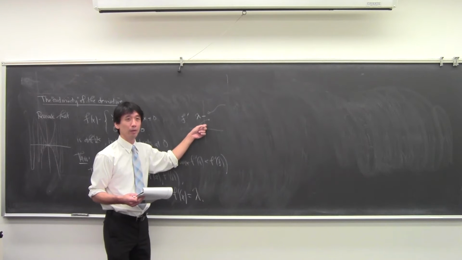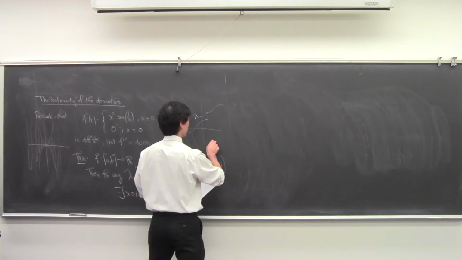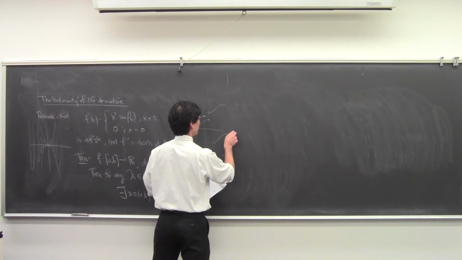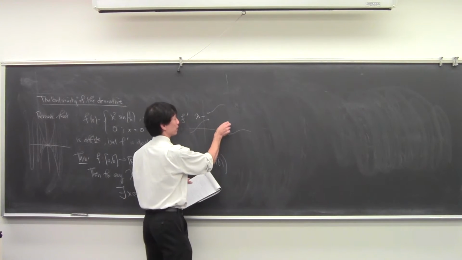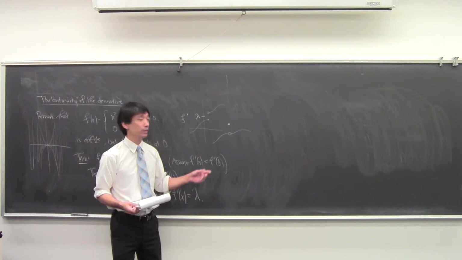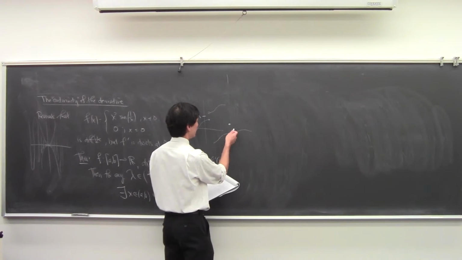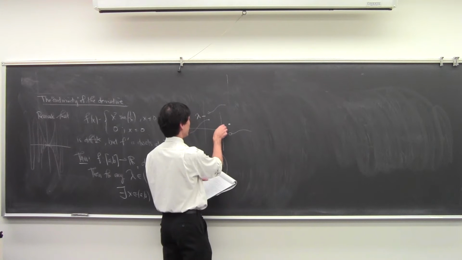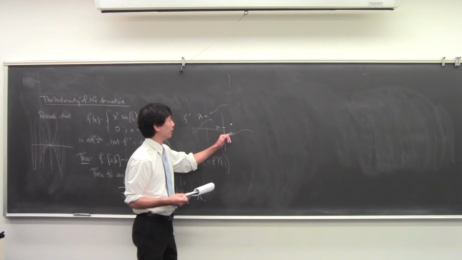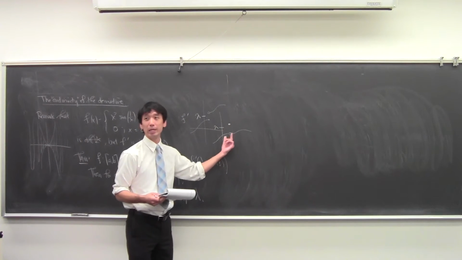Okay, right? Or it could never look like this either. Right? Could not look like this either, right? Because again, I've got some values, but I don't attain this lambda between here and here.